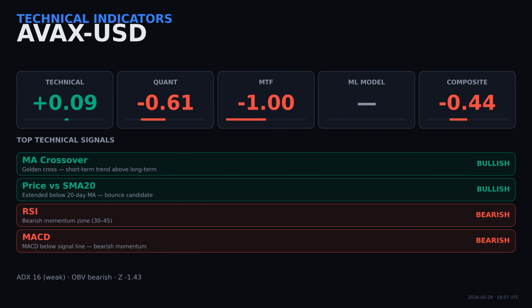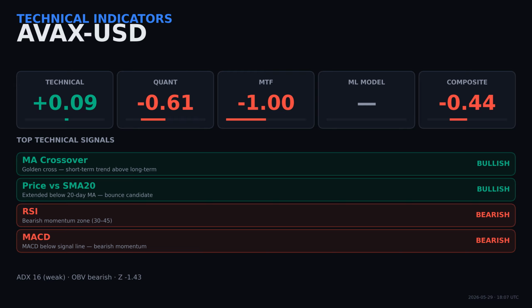On to the indicators. We've got composite score of 0.44, technical plus 0.09. Positive numbers lean bullish, negative numbers lean bearish. And what you're really looking for is agreement across multiple boxes, not just one indicator screaming. ADX is at 16, and that tells us we're in a weak trend regime.